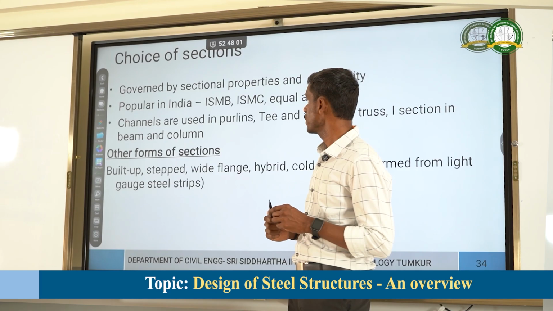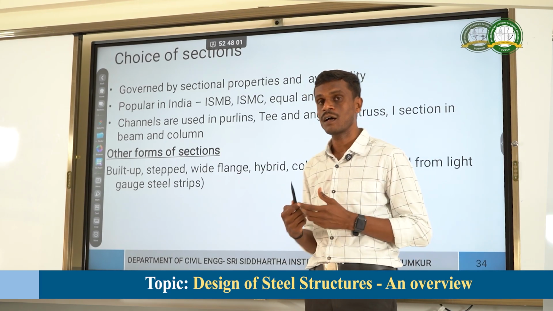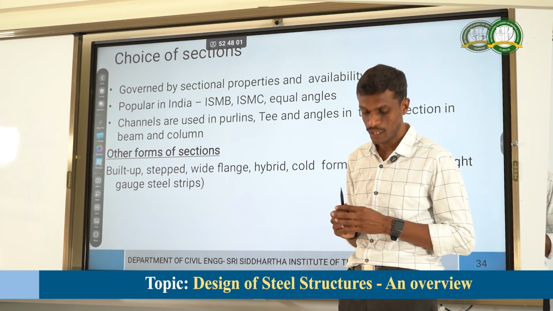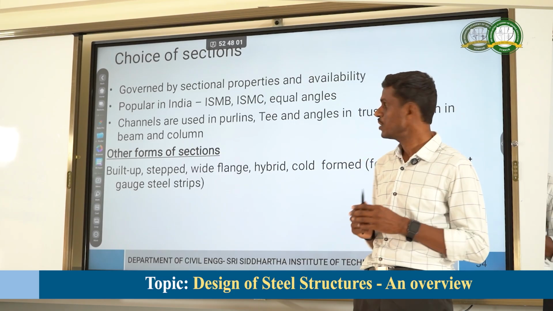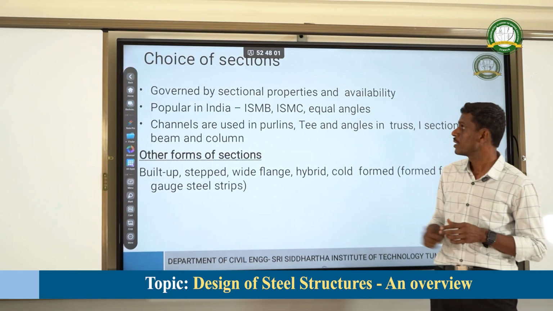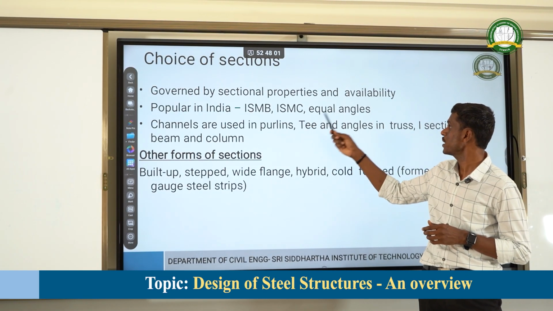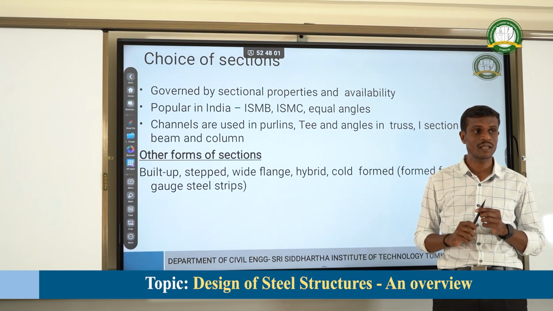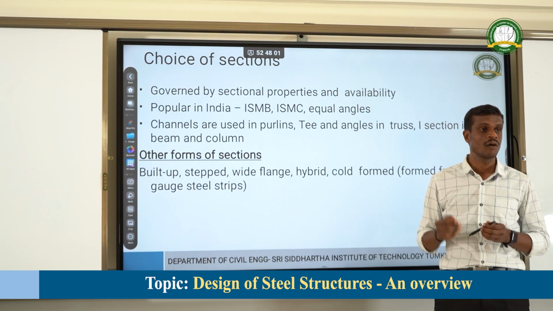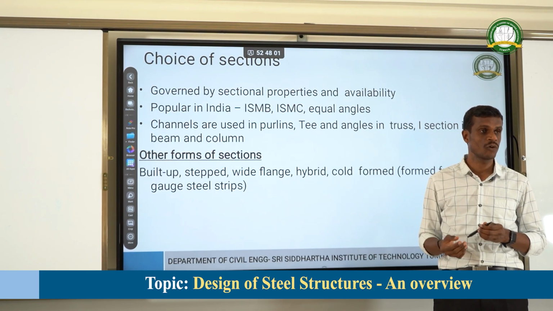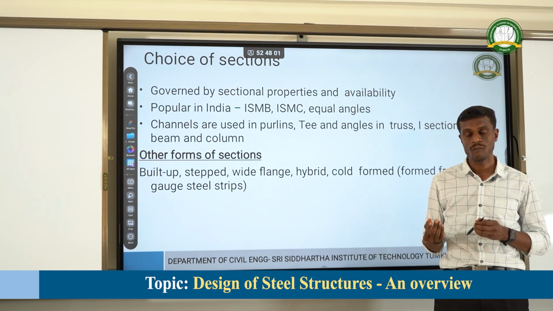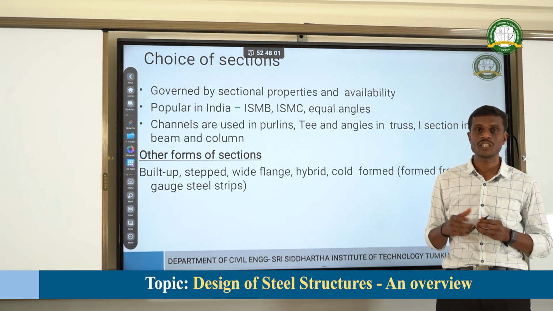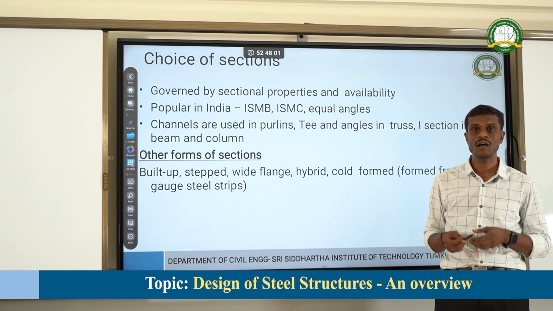So next, choices of the section. What are the basic governing things that are going to be considered for selecting a suitable section? They are sectional properties and availability, and whether they are suitable for a particular section, whether they are selected in a particular location based upon the load, tensile load, compression load, and what type of factors are going to be considered, is it a seismic area or a non-seismic area.